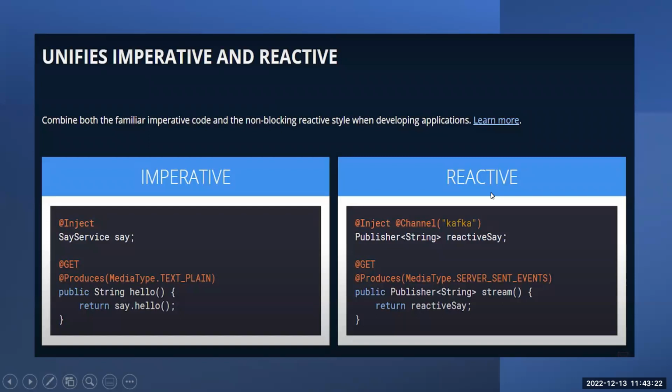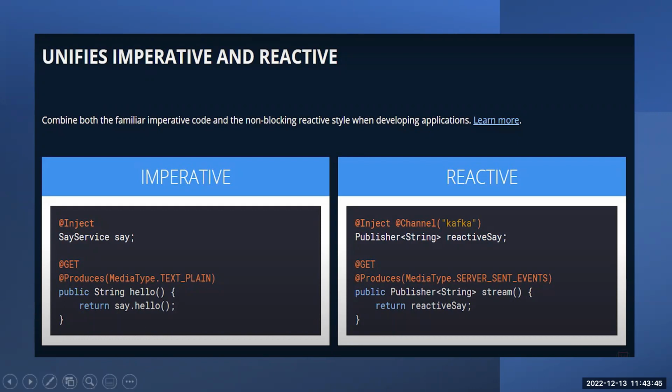What is reactive programming? I'm not sure how many of you have heard of the term Kafka, but in Kafka, we use the approach of reactive programming, where input comes in the form of streams. So a streaming set of data comes in and we manipulate that streaming data using reactive programming.